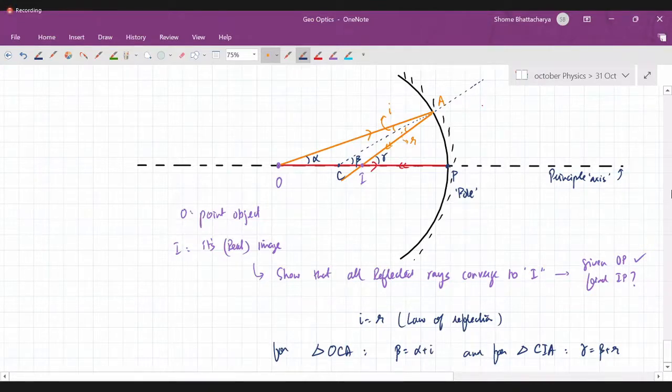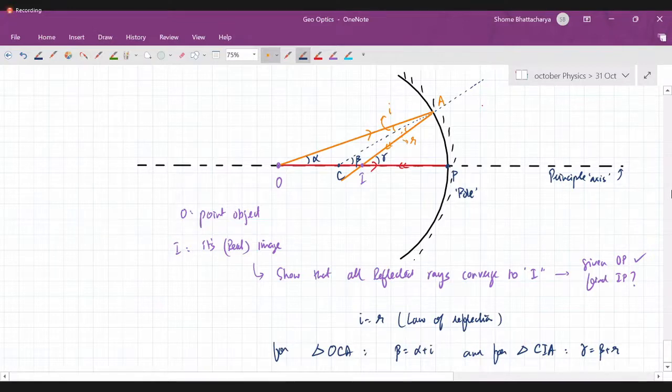Right now we are just considering this based on the geometry of a particular incident ray, which is incident at the point A. But what we will show is that the geometry of this is such that the position of the point I, where the reflected ray meets the principal axis, is going to be the same for all such incident rays, irrespective of which point they are incident at.